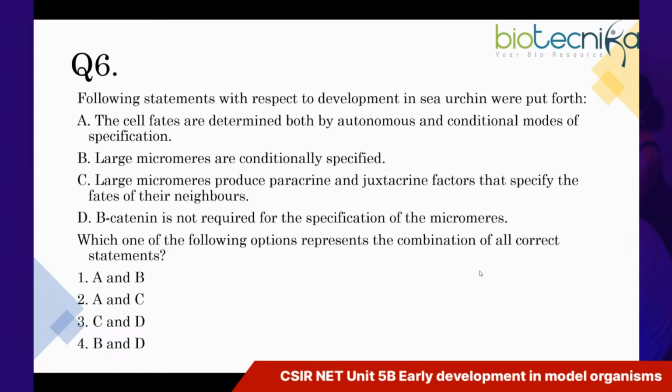So see, first of all, based on what concepts we learned today. Today we learned a lot of concepts, right? So at least you will understand whether the statement "beta-catenin is not required for specification of micromeres" is true or false. You all should have given the correct answer, and you will give the correct answer now also.